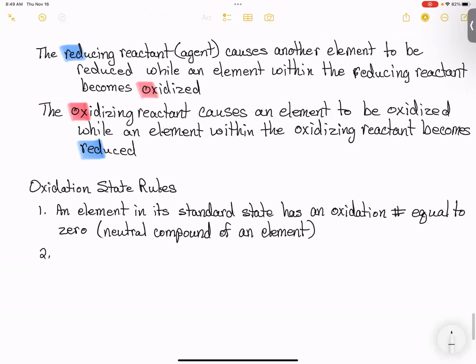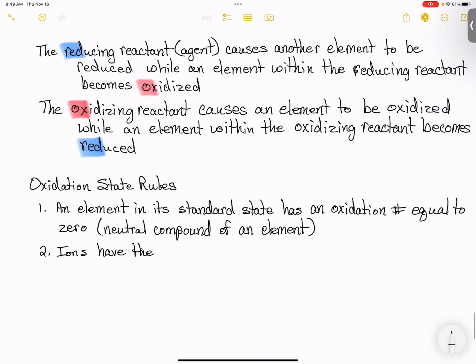Rule number 2. Ions have an oxidation number equal to their charge.